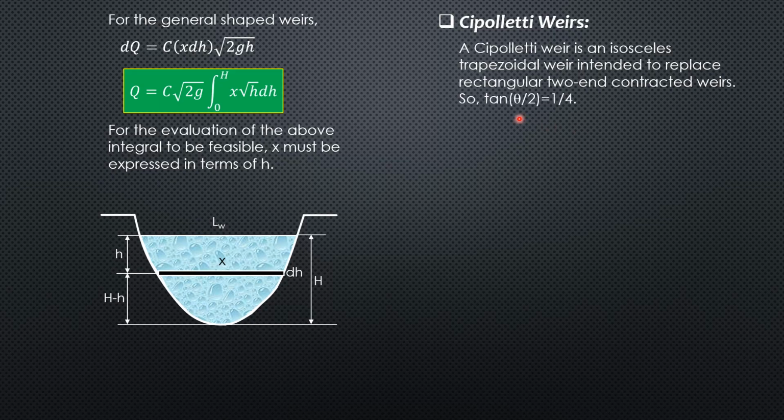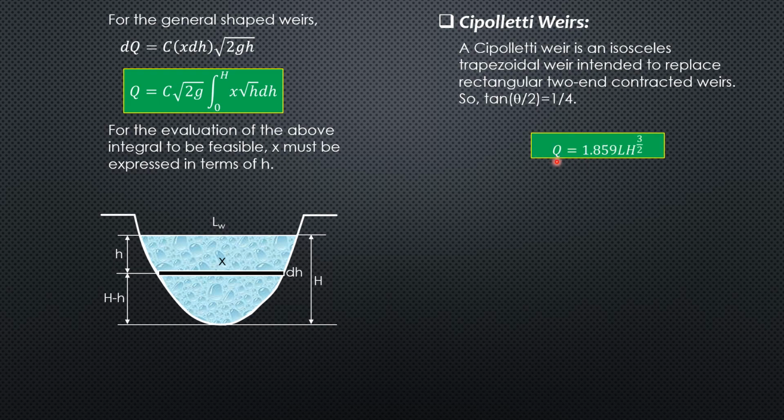Now, when tangent of theta over 2 is not equal to 1/4, then that isosceles trapezoidal weir must be treated as rectangular weir plus the V-notch weir. And you can use the discharge formula for rectangular and for V-notch weir so that you can derive the discharge formula for an isosceles trapezoidal weir.